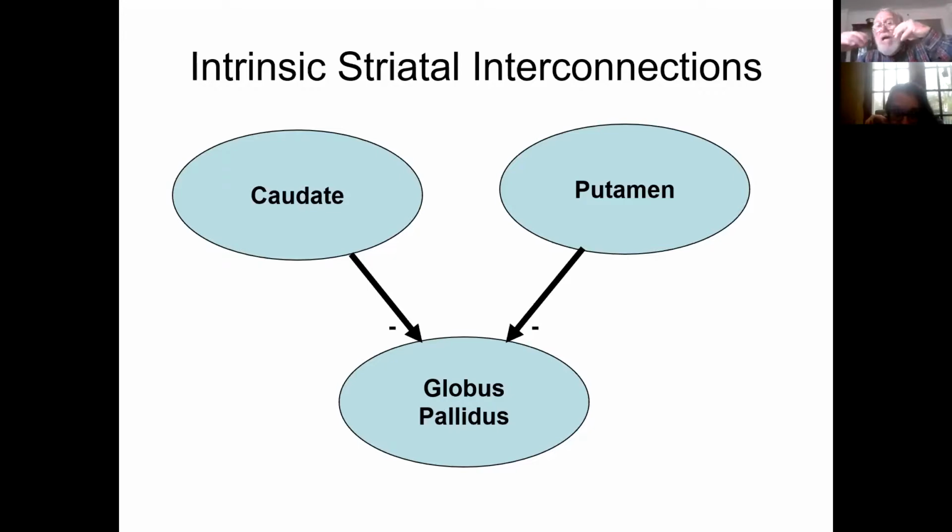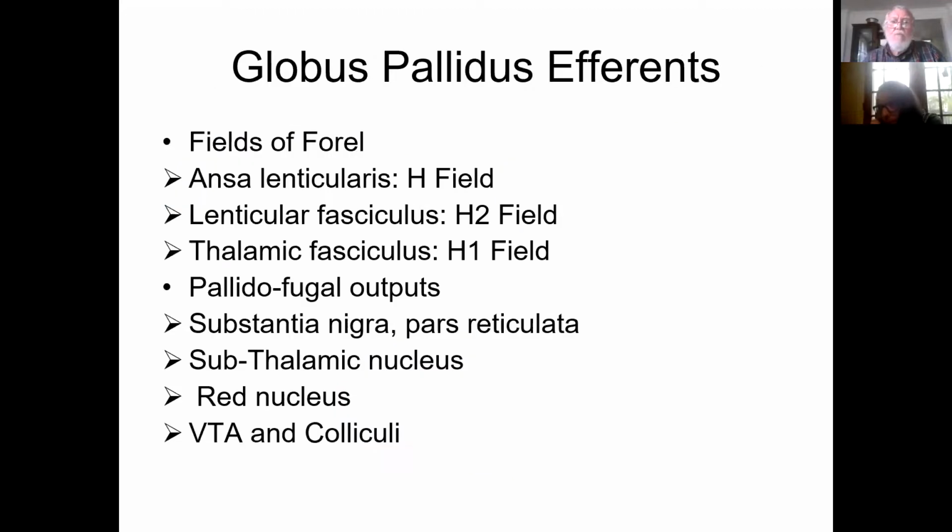And then you have different parts of the caudate and putamen telling different parts of the globus pallidus what to do. So now the globus pallidus is sort of dumb, other than it gets subthalamic inputs and some other kinds of inputs, but most of its outputs are being restrained in some way by the caudate and putamen.